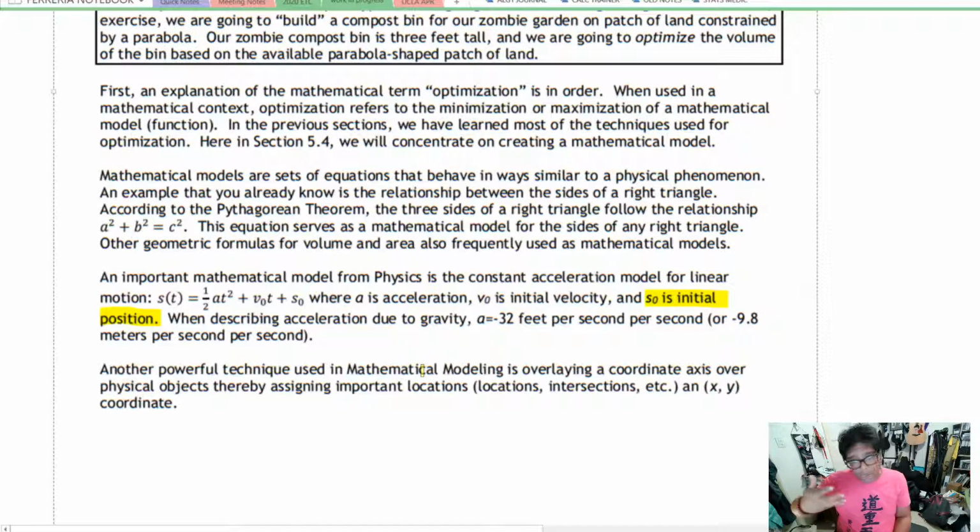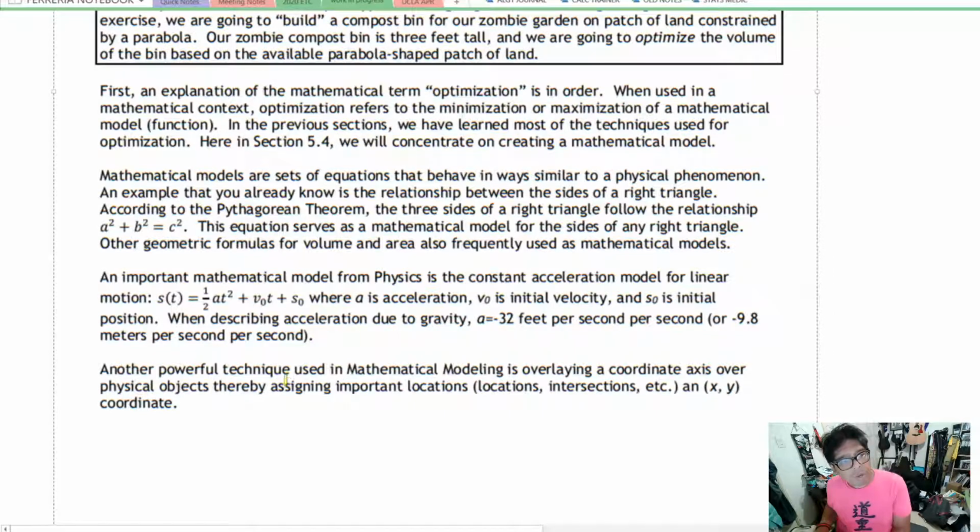If we're talking about free fall on Earth, we're going to use a as negative 32 feet per second squared, or negative 9.8 meters per second squared. And yes, I like to write out meters per second because I feel like it's more exact to the situation. So let's take a look at that.